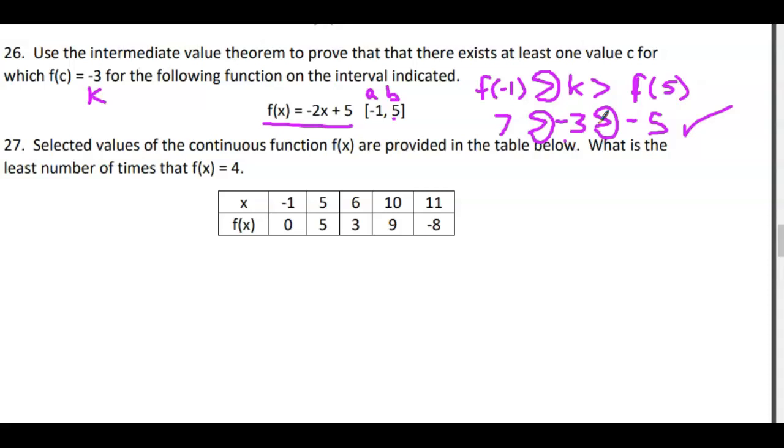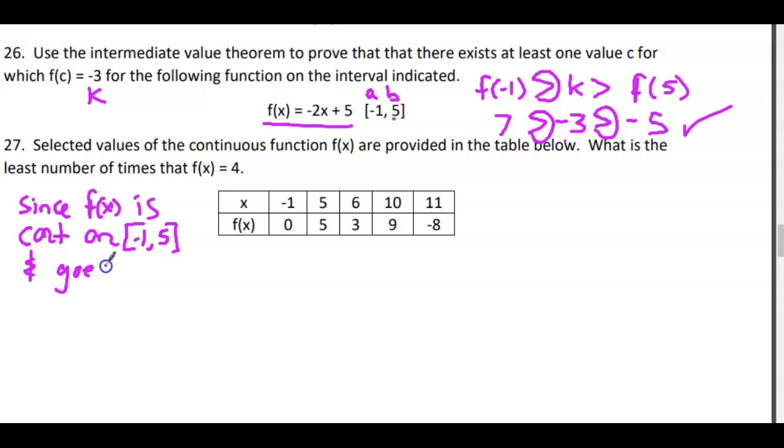Anyway, so there's all your criteria, and now we're just going to go ahead and say our statement. That's all you have to do. We check to make sure that everything's true, and now we say, since f of x is continuous on the interval -1 to 5 and goes from -5, that's the lowest y value.